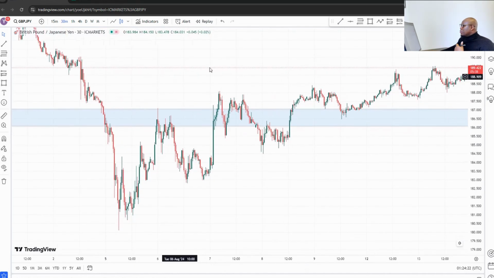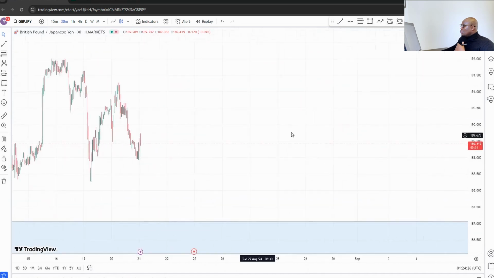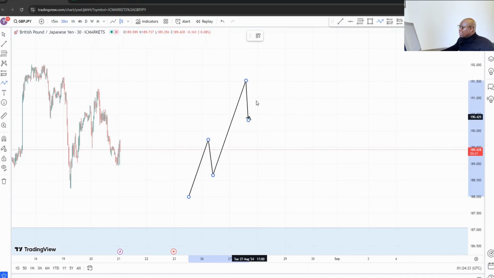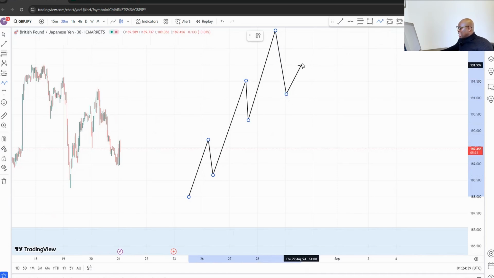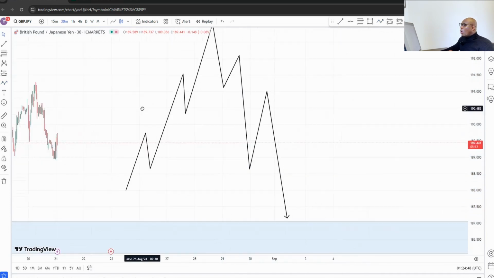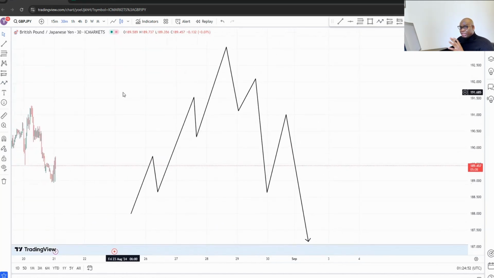So what is the most effective way? Let's get straight to the point. I'm going to use an analogy right now. The most effective way to draw key levels is, number one, identify the most significant recent structure. So if I have a chart moving in a way like this, and I want to draw my key levels, all I need is the most recent trend.